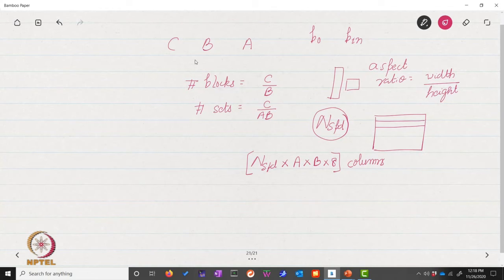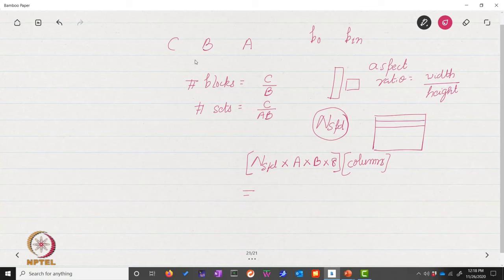Now the next question is to figure out the number of rows. The number of rows is not hard to find. So this is the number of columns, right?